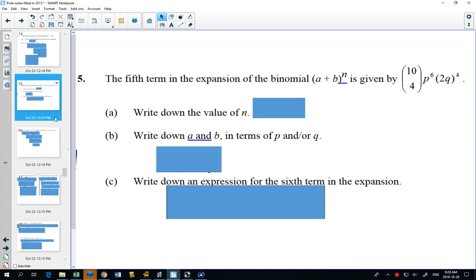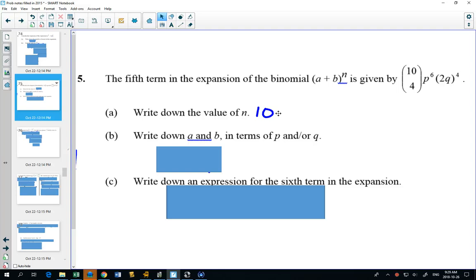Write down the value of n. So here it's just the recognition that whatever our exponent is equals what's in the combination at the top, right? 10 choose 4. The 10 comes from the n, from the exponent.